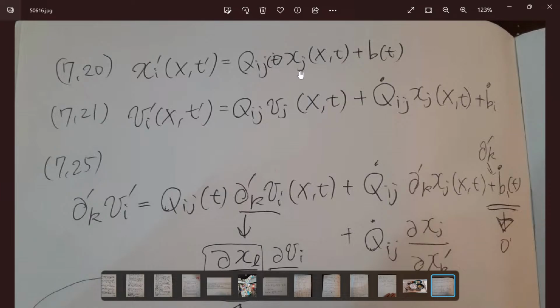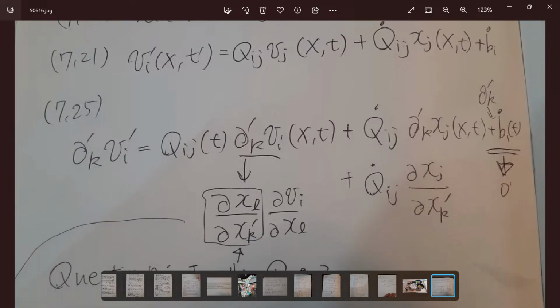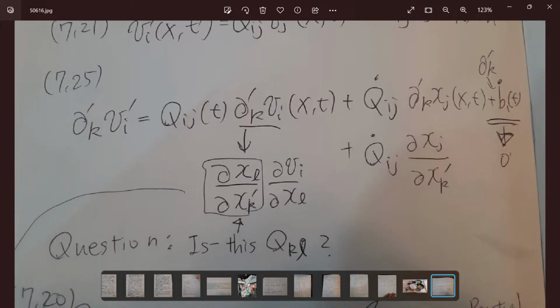So xj changes to vj, first of all. Then qij is also a function of time, so qij becomes qij dot. Then this bi is also a function of time, so bi becomes b dot. Okay. So then we have this.